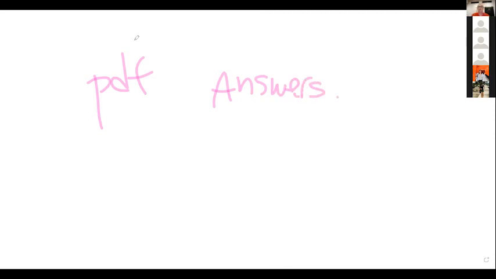If you can't print it, or if you don't have the fancy pad that some of you have, if you can't write directly on it on your tablet or whatever, just get a blank piece of paper and write the answers down. Don't bother writing the questions over again. I know what the questions are. Just write the answers and show your work, and then take a picture and submit it.